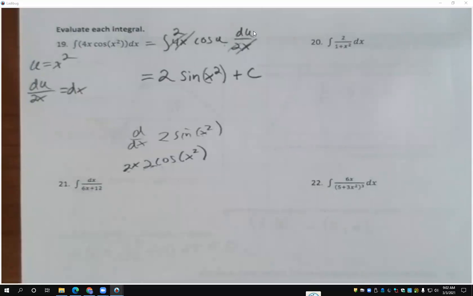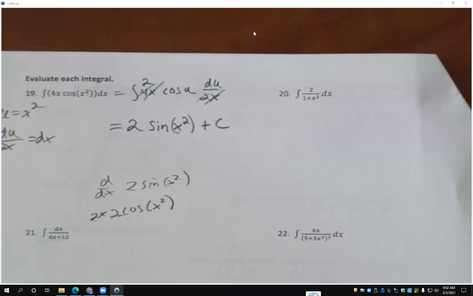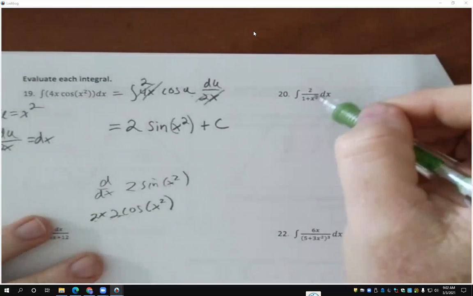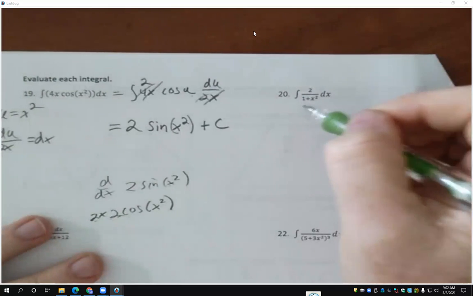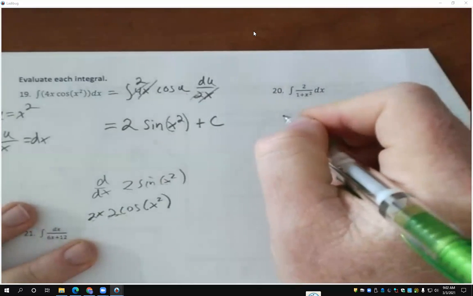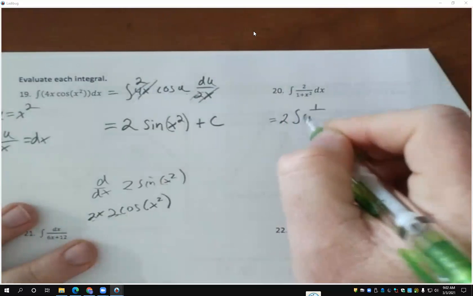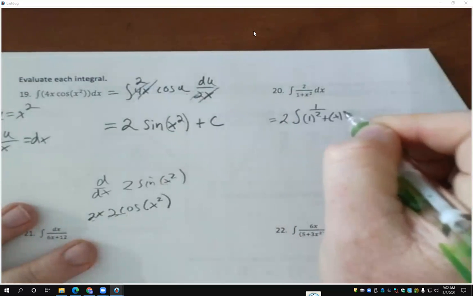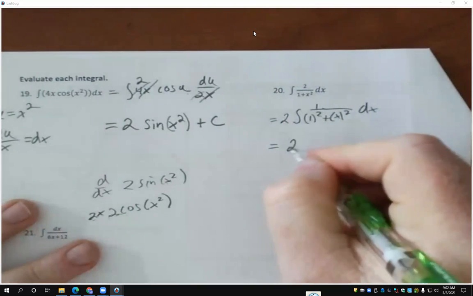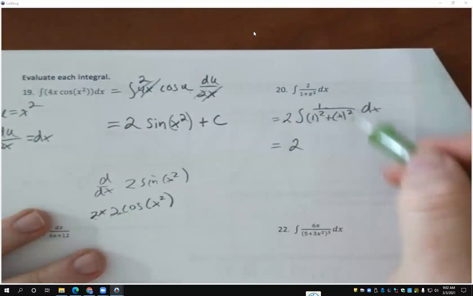Can you do 20? Yep. All right, so 20 is of the form, we pull this 2 out, and it's of the form 1 over a squared plus u squared. Okay, so I'm going to pull this 2 out, and I'm going to have the integral 1 over 1 squared plus x squared dx. Okay, so then this is an arc tan, inverse tan one, right?